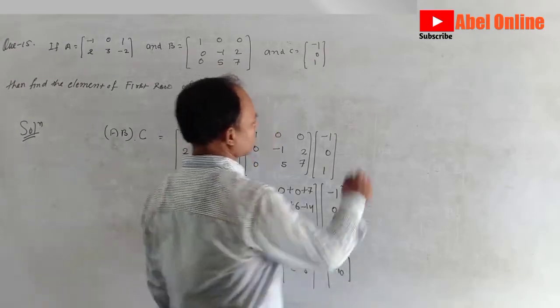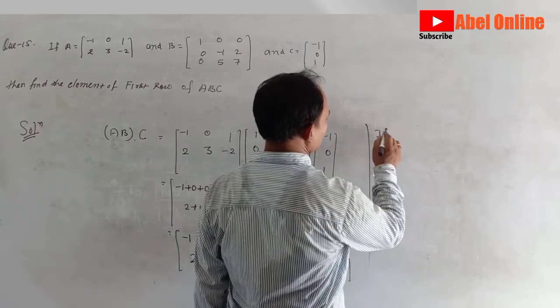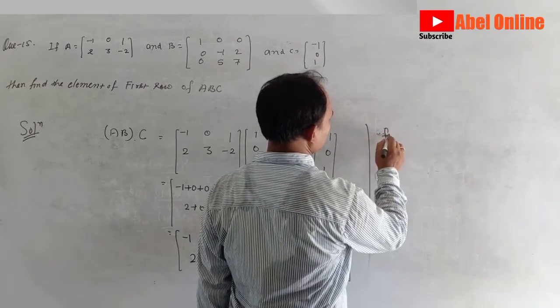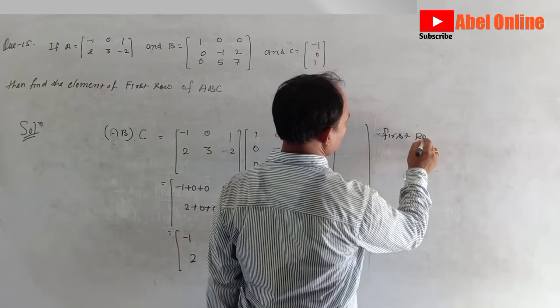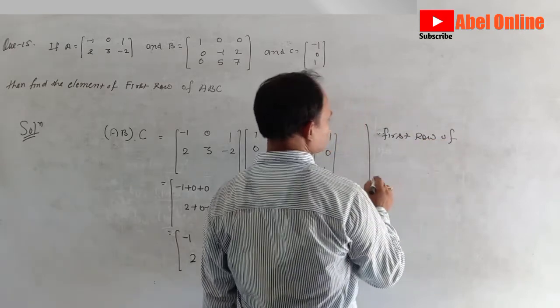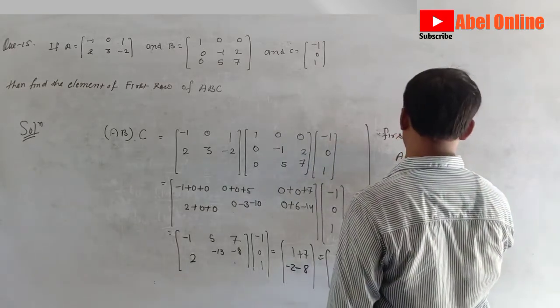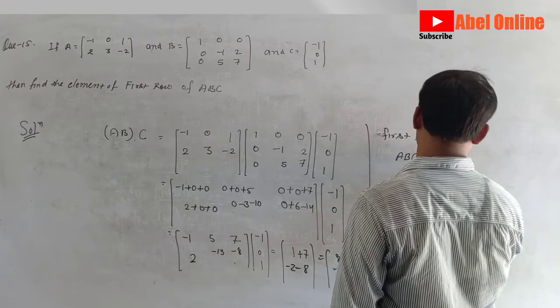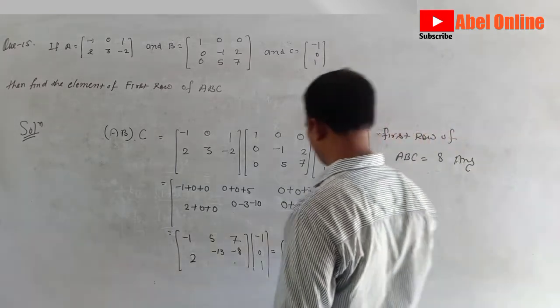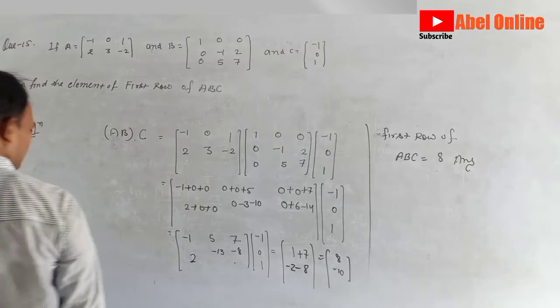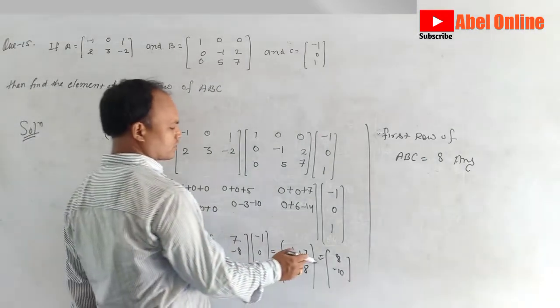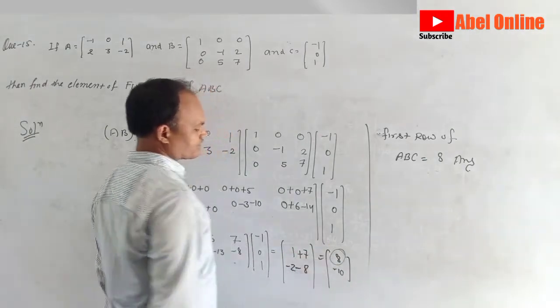So students, what about the first row? The first row of ABC is 8 and it is your answer. This is the first row, so it is your answer.